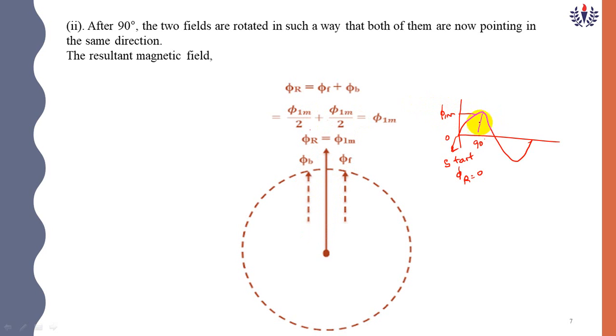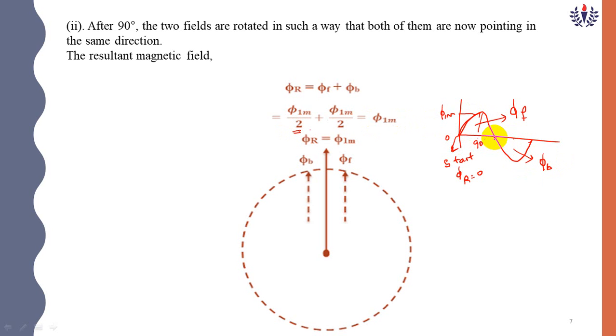This portion is phi f, and this portion is phi b. From 0 to 90, the waveform is phi 1m by 2.